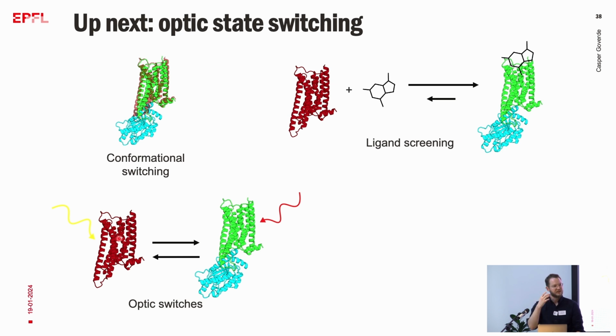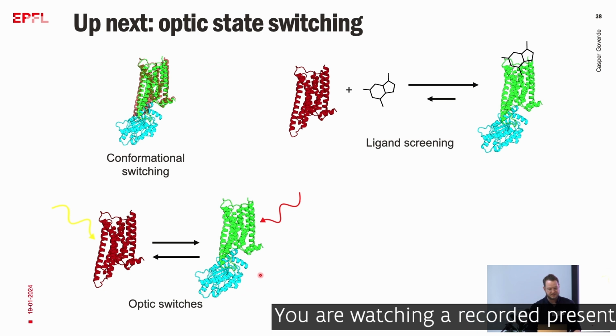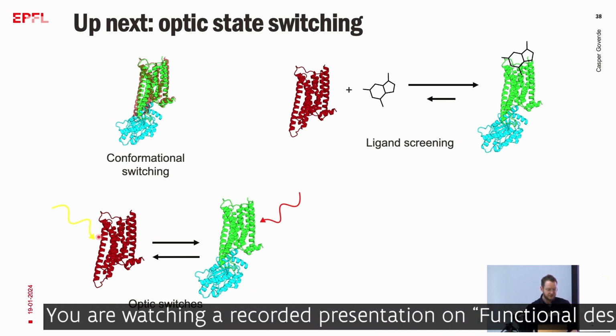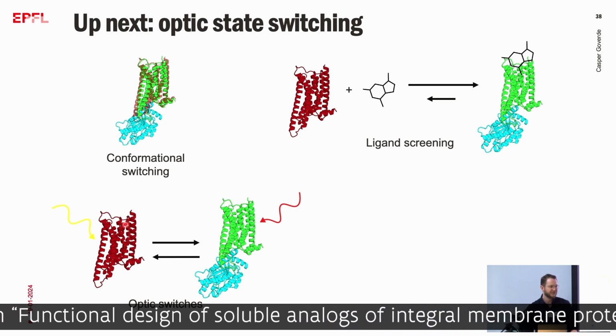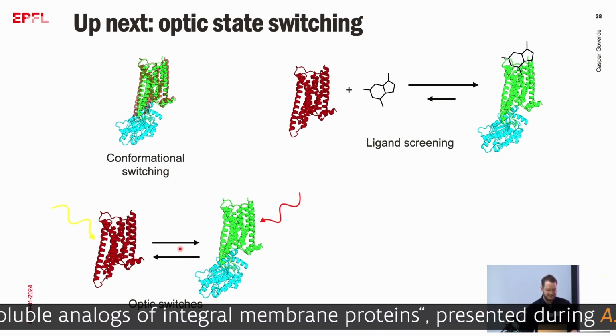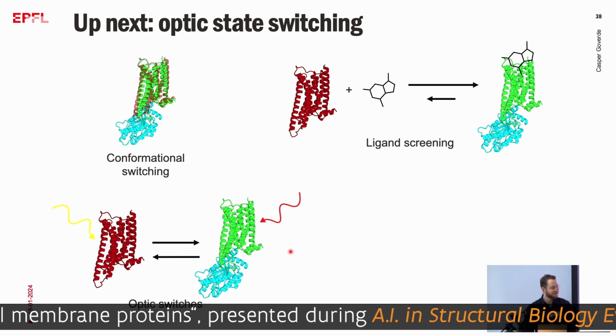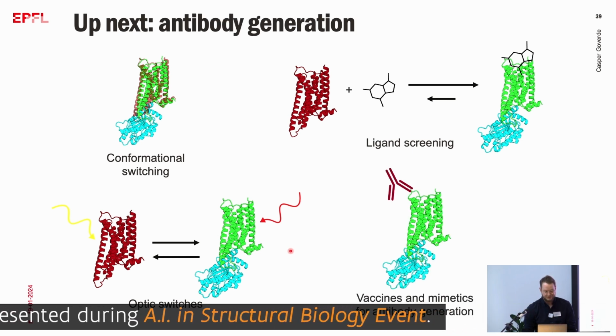When it gets hit with light of a certain wavelength, it changes conformation, which allows the rhodopsin to change conformation, which starts activating a signaling pathway. So can we solubilize these rhodopsins and then have some kind of optic switching effect, which would be really nice and very useful for many applications.